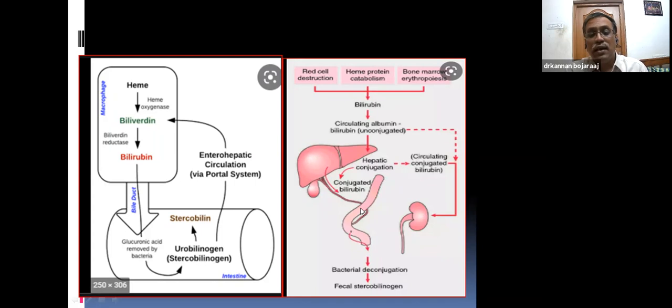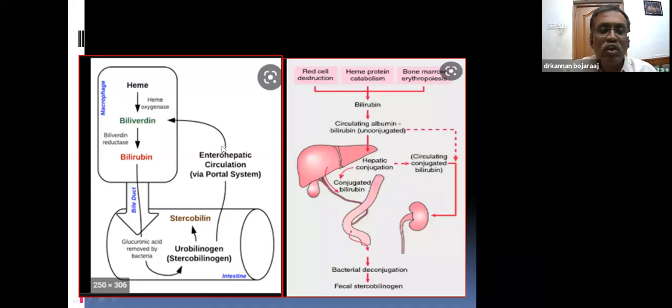recirculation. Most of the bilirubin is reabsorbed here and enters the circulation, and conjugated bilirubin is excreted in the urine because it is water soluble. And some urobilinogen is formed from this bilirubin by the action of intestinal bacteria, and this urobilinogen is converted to stercobilinogen here, and this stercobilinogen gives color to our feces, and it is excreted through the feces.